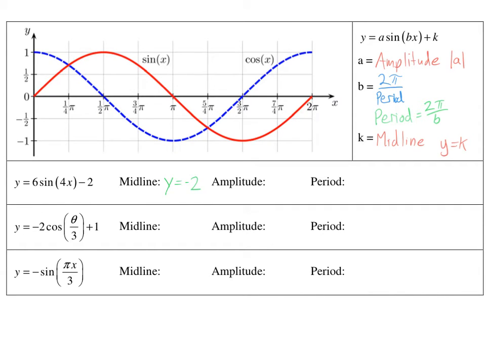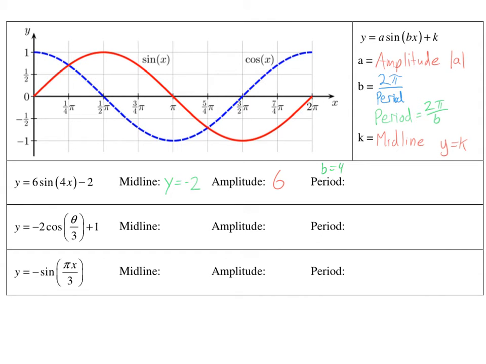My amplitude is my front number, but it's the absolute value of that. The front number is 6, so my amplitude is 6. My period is 2 pi divided by B. My B value is 4, so the formula says 2 pi divided by 4.